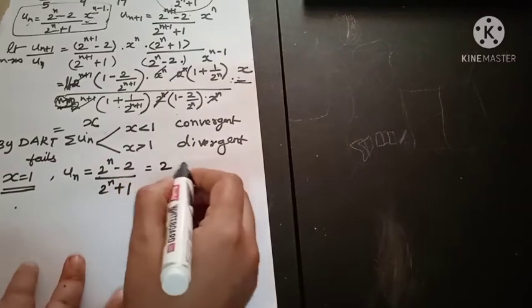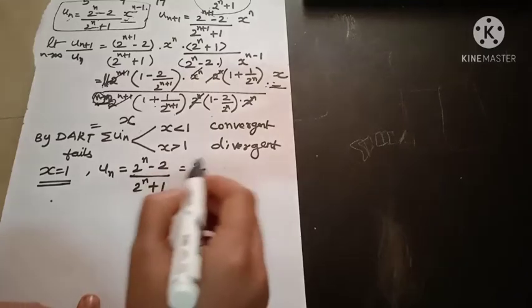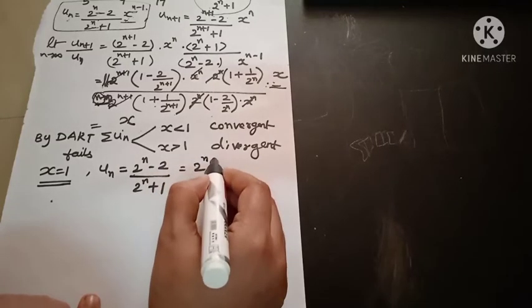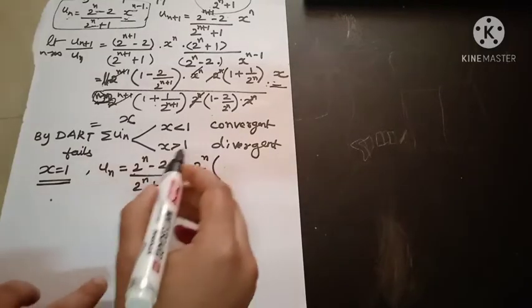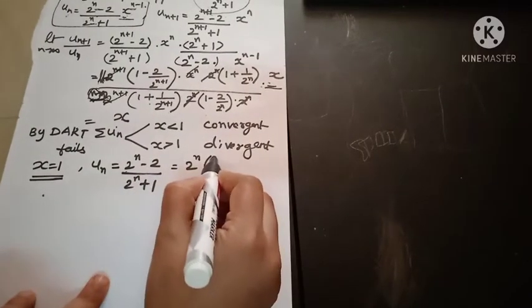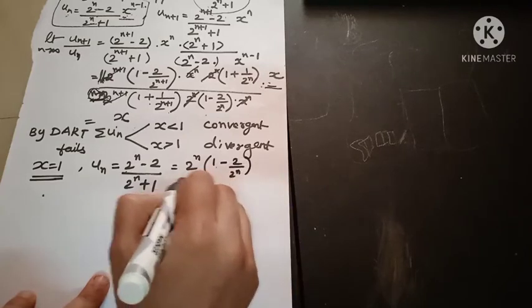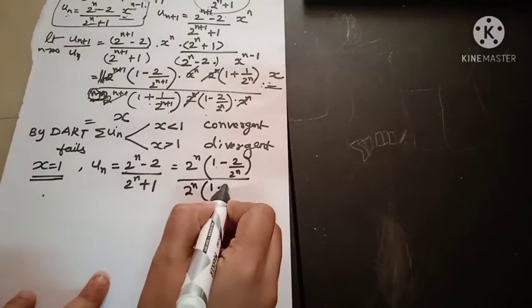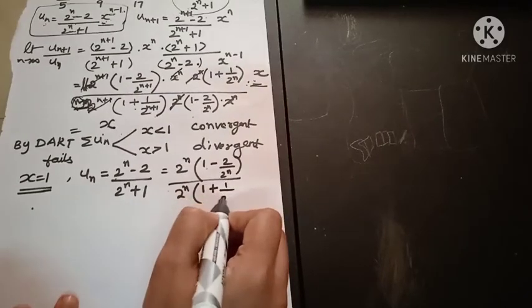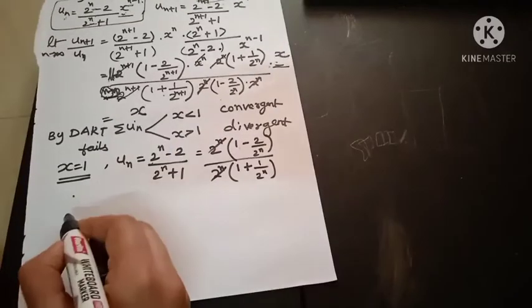Take 2 to the power of n and see whether this is convergent or not by comparison test. If I take 2 to the power of n outside in the numerator, 1 by 2 to the power of 2 upon, into 2 to the power of n outside, 1 plus 1 upon 2 to the power of n, the 2 to the power of n cancel.